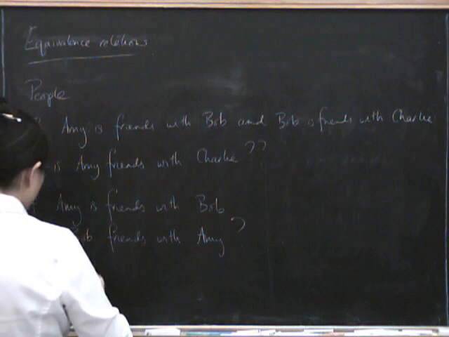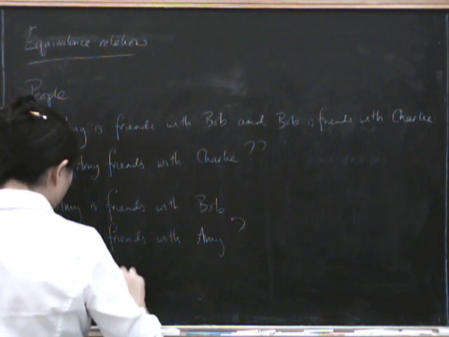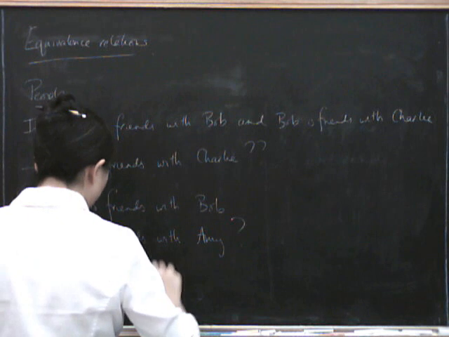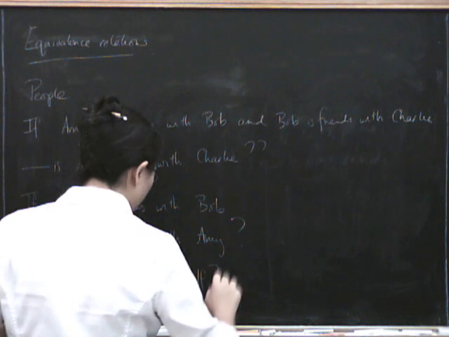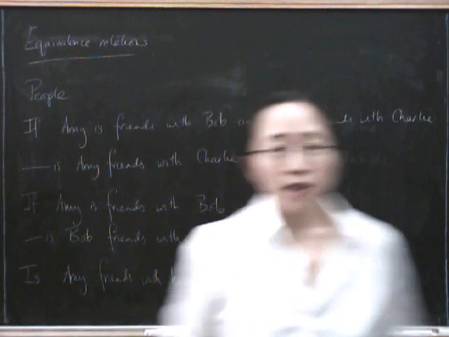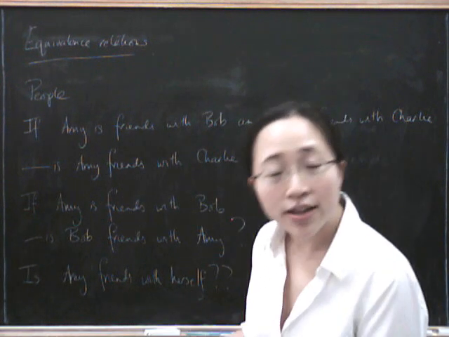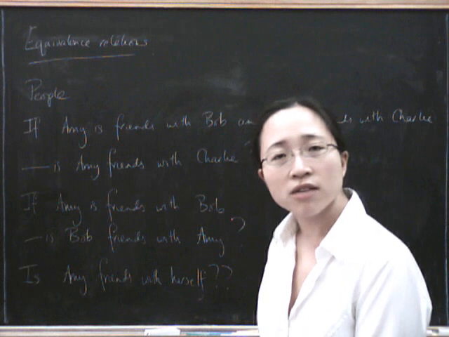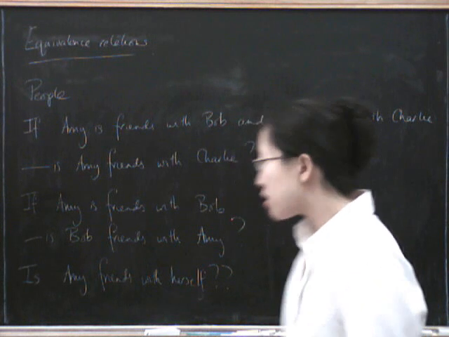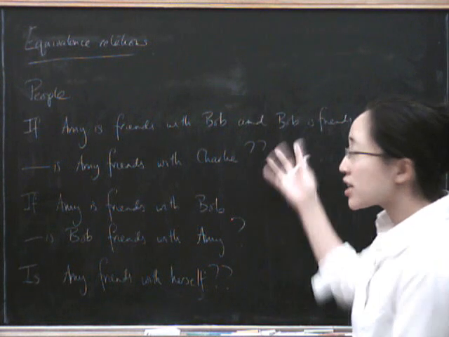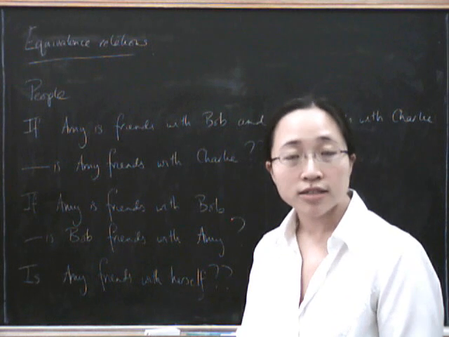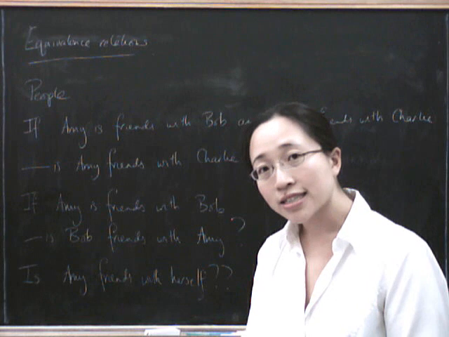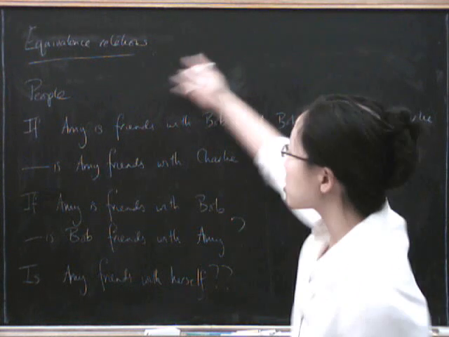Is Amy friends with herself? Well, unfortunately, that's not very clear either. Some people don't like themselves at all, which is very sad. But these are the three things that we think about when we're talking about whether relations are nice, tidy, easy to understand, and that's what equivalence relations are.